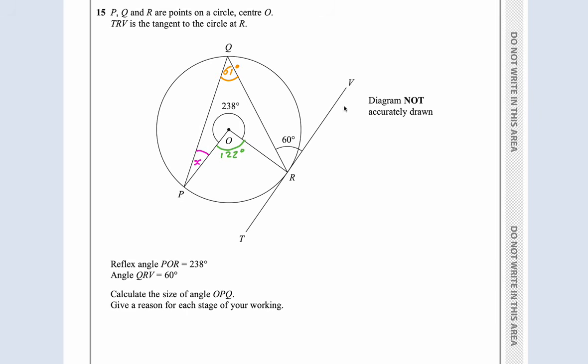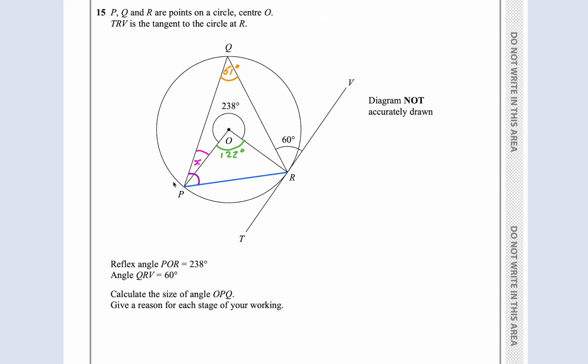Now the alternate segment theorem means that if I draw a line here, like this, then this angle here has to equal 60. This full angle here is 60.